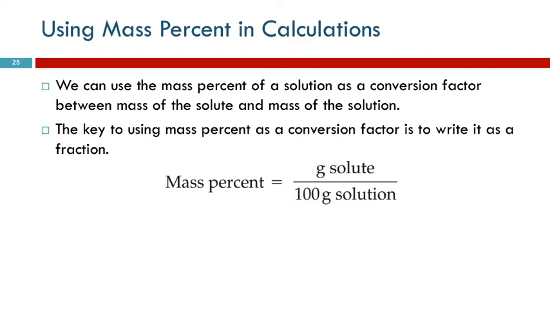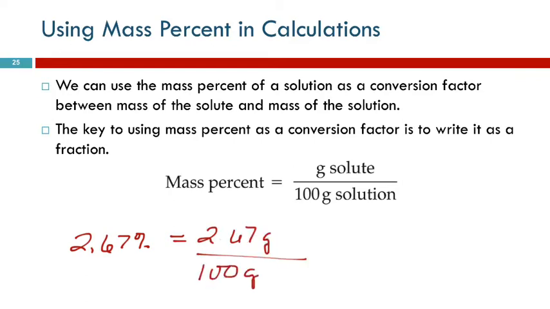So if we wrote that out, that 2.67% that we just calculated, we can write that as 2.67 grams of solute per 100 grams of solution. In that case, it was sucrose, and this is the mass of the whole solution. So that allows us to convert between mass of solution and mass of solute.